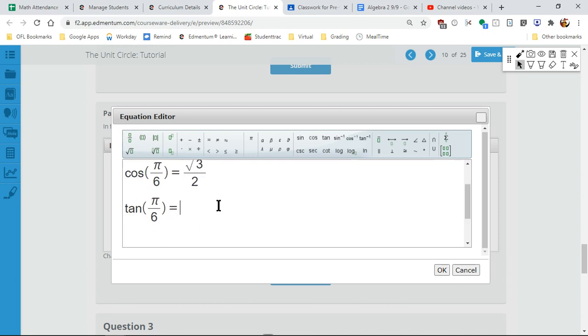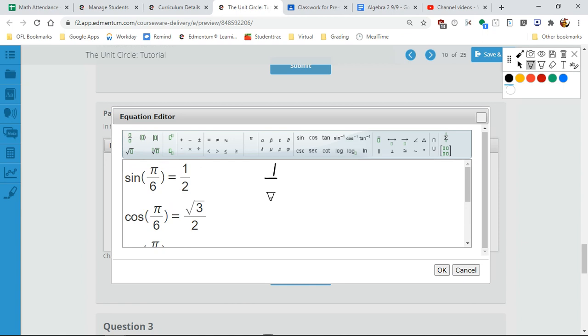So this, again, we're always going to do y over x. So y over x, which is this. You have to flip it over. So we end up getting 1 over square root of 3.